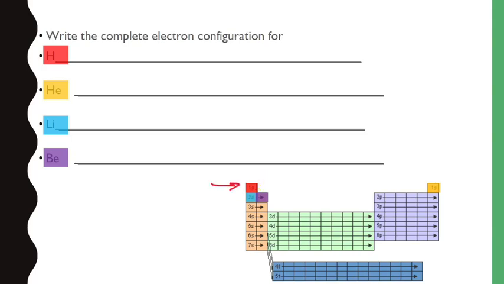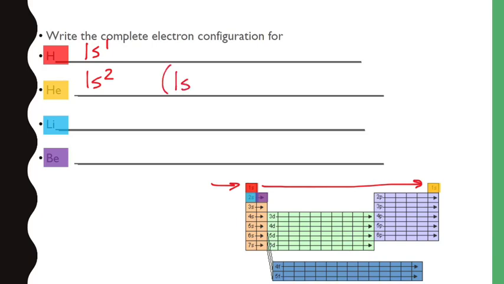And since that's where we start writing configurations, we just need to label that. That's 1s. And since it's in that first square there, that's going to be 1s1. To get to helium, which is that second square on the first row, that's still a 1s orbital, but since we have to go to the second square, we write 1s2.